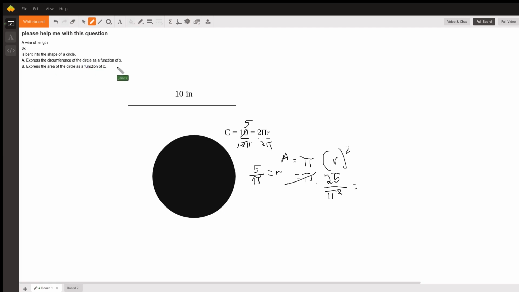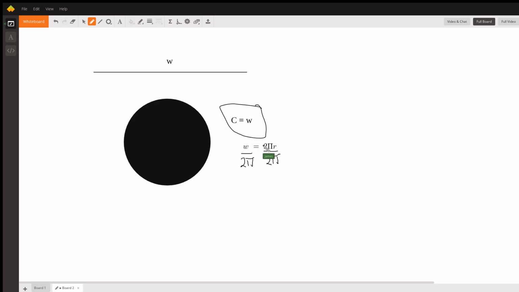Well, to express it as a function of w, c just equals w. So what would c equal in terms of x? You can tell me that later. After we divide by 2 pi, r equals w over 2 pi.